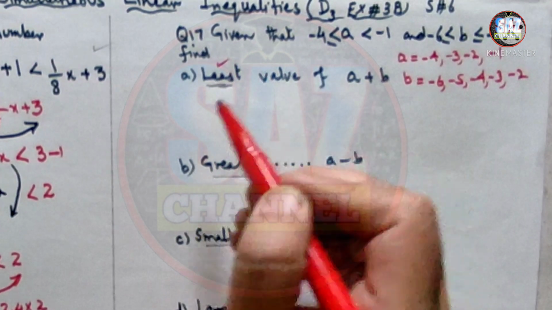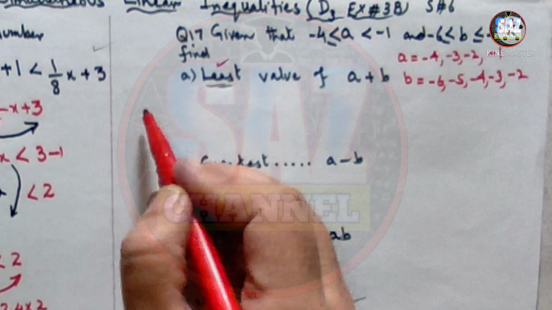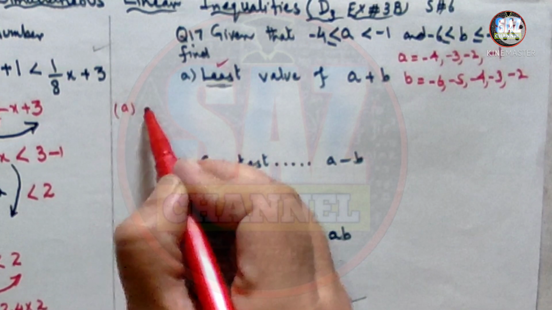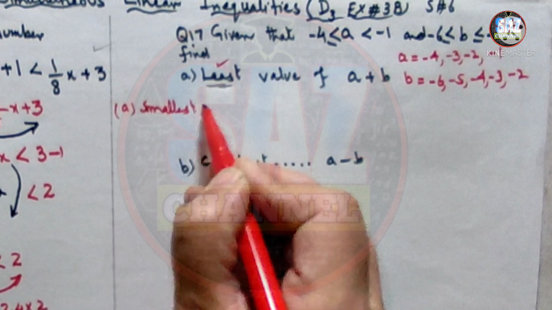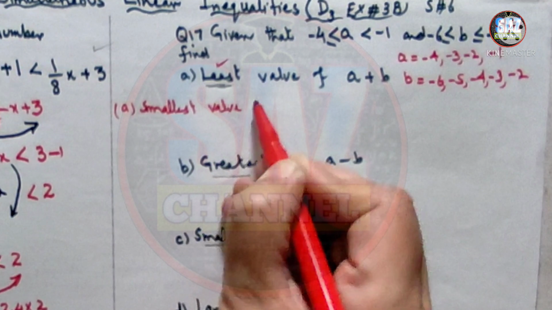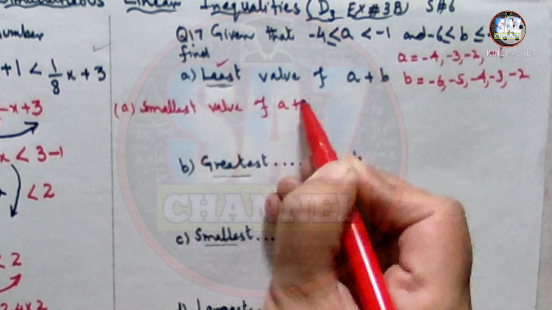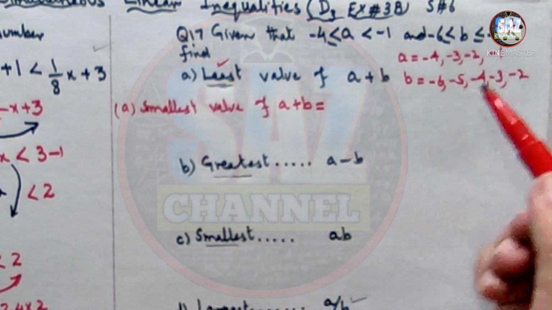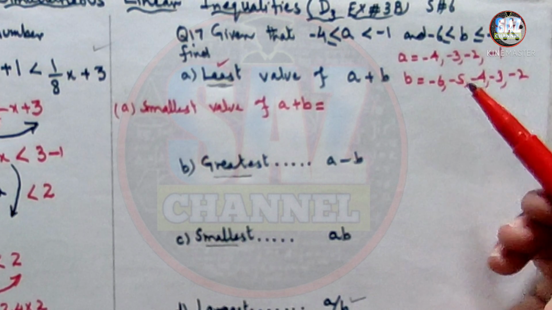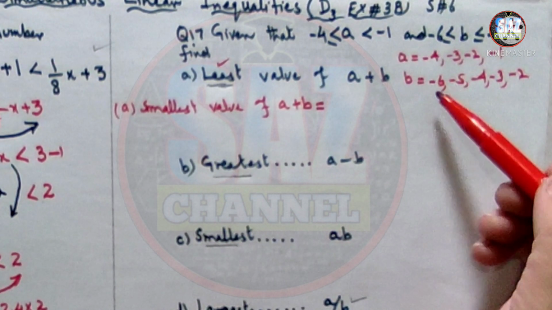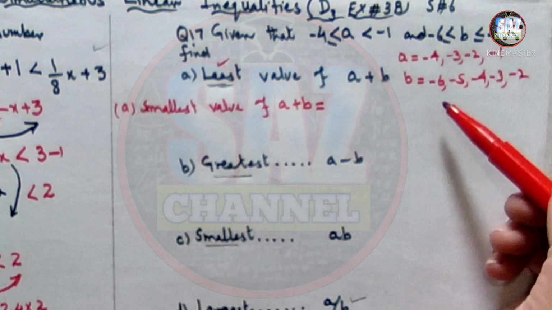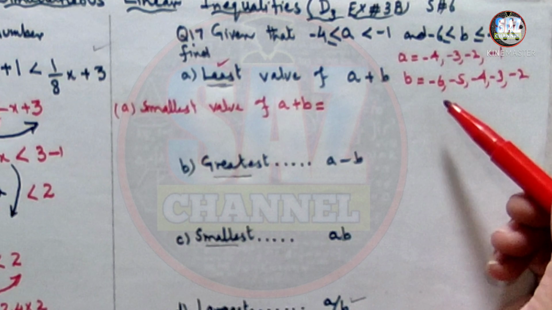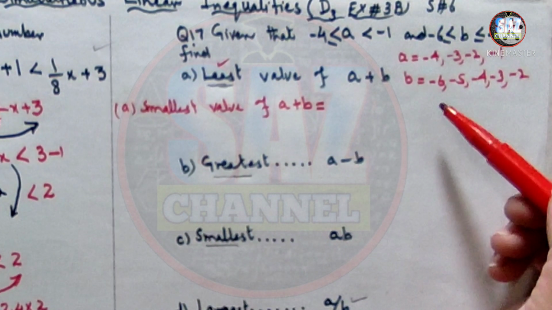Least means smallest. Least means smallest value of A plus B. Now, as both the variables have a range of values with negative sign and we need the smallest value, for the smallest answer you need to have the largest number with negative sign.